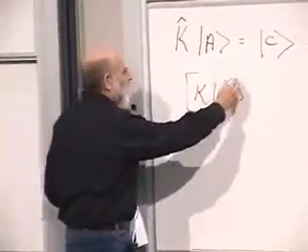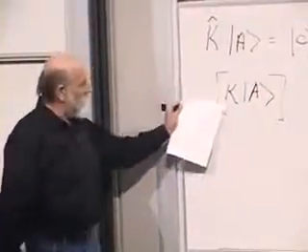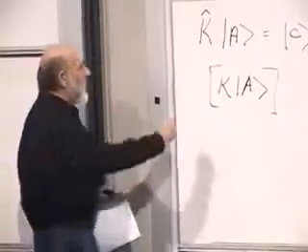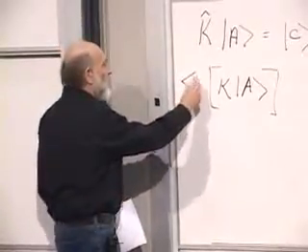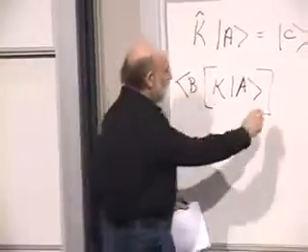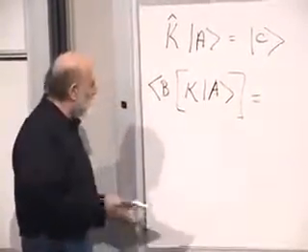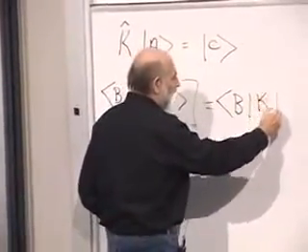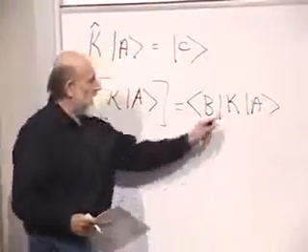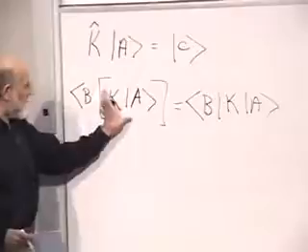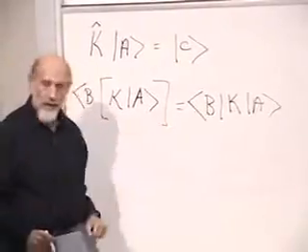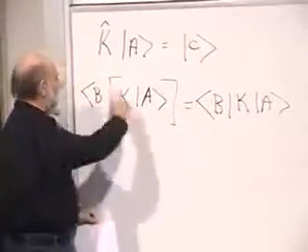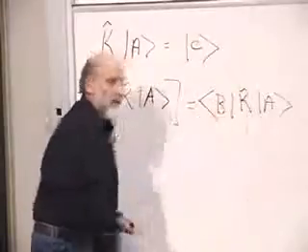Let me put a bracket around it to indicate that K has acted on A to give a new state that I could call C, but let me just leave it this way. And now take the inner product of that with another vector B. That is usually simplified, the notation for it is usually simplified just to B, K, A. But the way that you read it is K acts on A to give a new vector, K times A, and then you take the inner product with B, and the result is called the matrix element of K. I should put some hats over this, shouldn't I, to indicate that it's an operator.